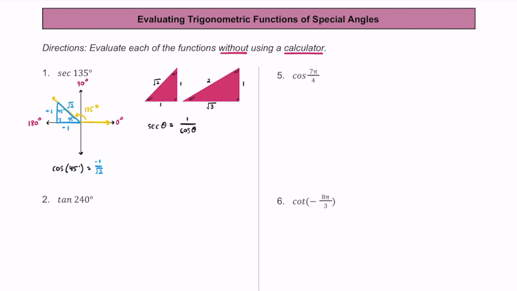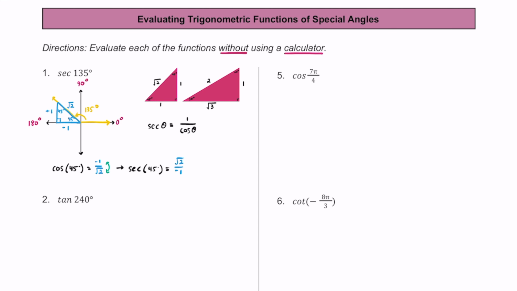And now if that's what cosine of 45 degrees is, then remember we're going to have 1 over that, or the reciprocal. So we just have to make sure we flip this upside down, right? So that if we're finding secant, then we find the reciprocal of this. So in this quadrant, if we're going to find secant of this 45 degrees, again, this is just in this quadrant, that's going to be the reciprocal. So flipping it upside down, that's going to be root 2 over -1.